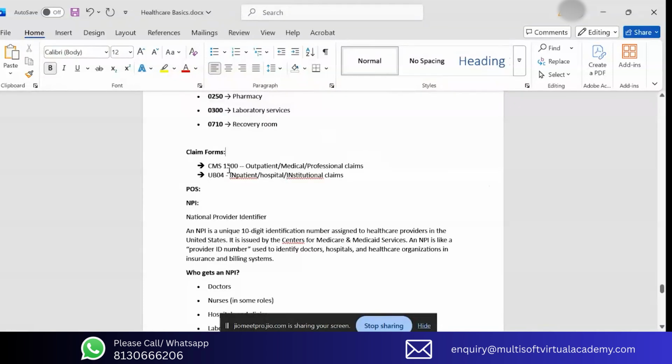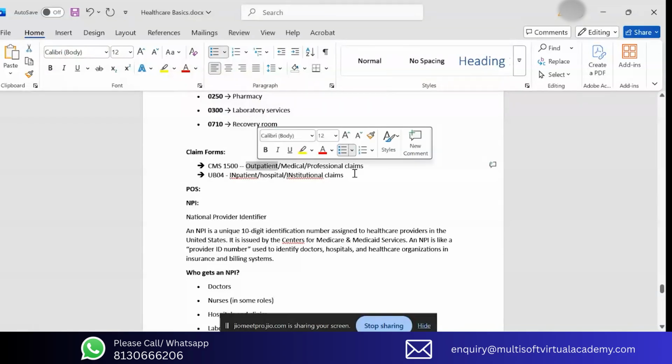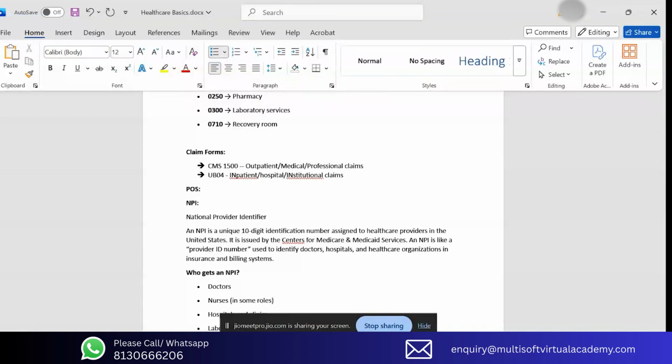When you say CMS 1500, outpatient medical professional claims, it is mandatory to have a procedure code or a place of service, otherwise you cannot file a CMS 1500 claim. For UB04, you cannot bill a claim without a type of bill and a revenue code. So type of bill and revenue code are mandatory.